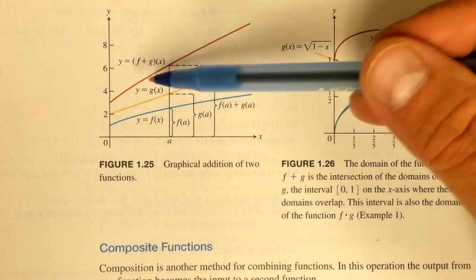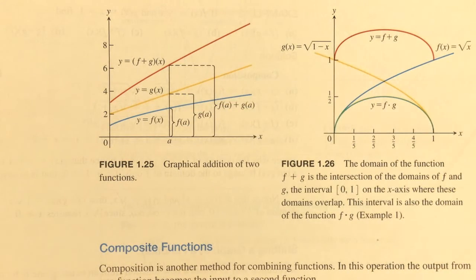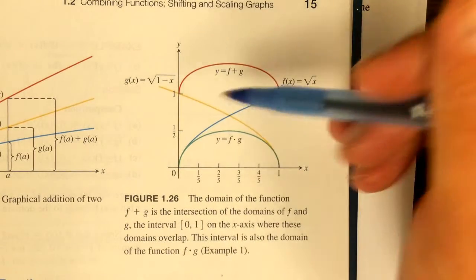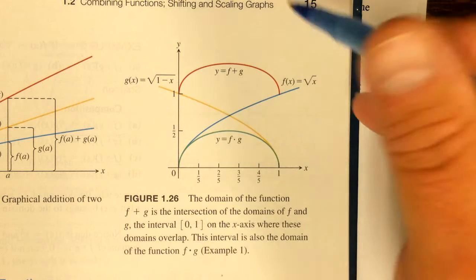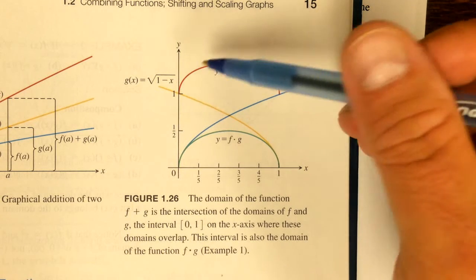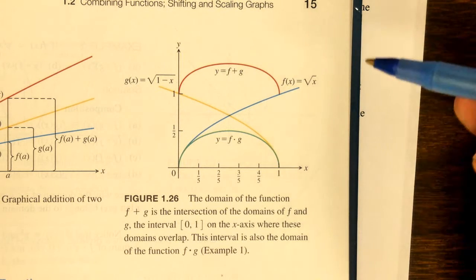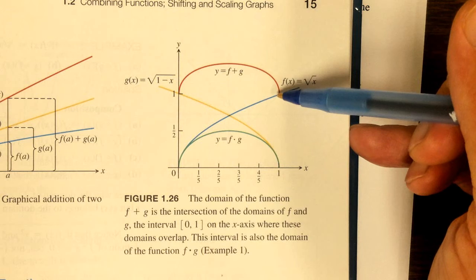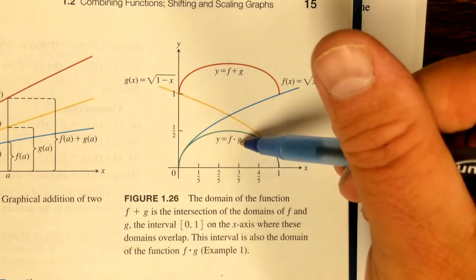Then the red one is combined, so this one plus that one is that one. And then here's your 1.26, where you have a square root of x is blue, and you have a g of x, which is yellow. And then when you do f plus g, you get the semicircle type thing up there, and the times you get it down there.